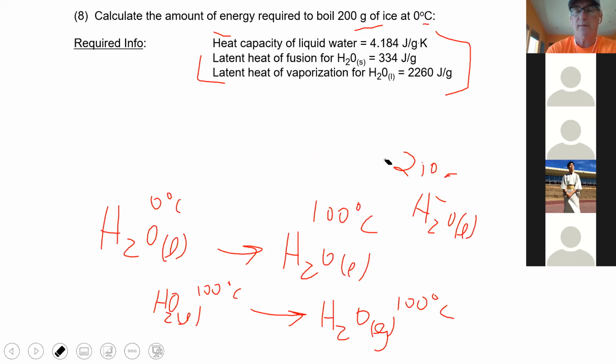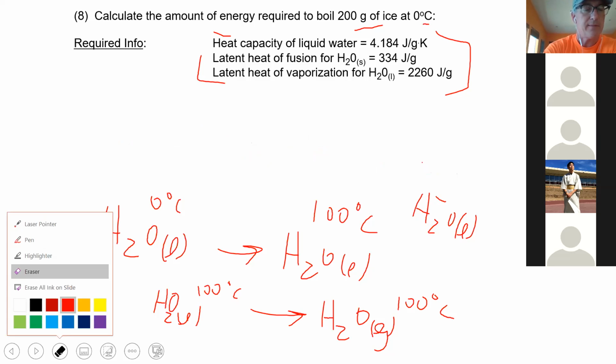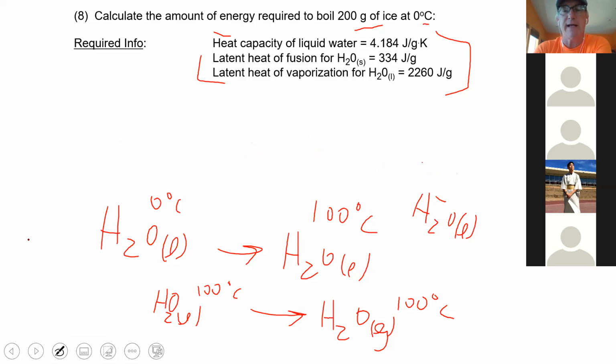So what's my equation to figure out how to calculate how much it takes to melt? Which one of these 3 bits of information do I use for that? The second one, take it multiply with mass.